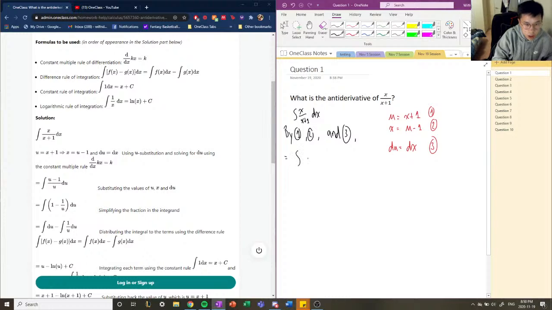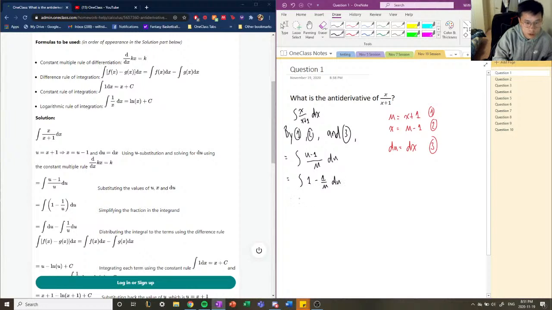the integral of u minus 1 divided by u du. Okay, so now we're integrating in terms of the variable u. So in this integral, we can break it up and we can simplify this fraction to be the integral of 1 minus 1 over u du.